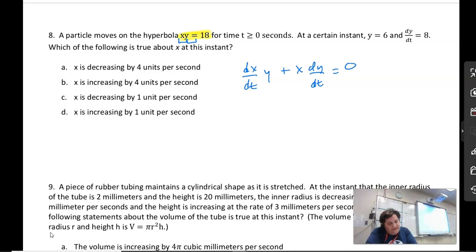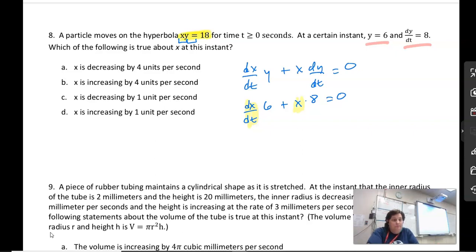At a certain instant, it tells me y is 6, dy/dt is 8. Beautiful. I have a problem, right? Because right now I have both a dx/dt and an x, and it didn't give me both of those.